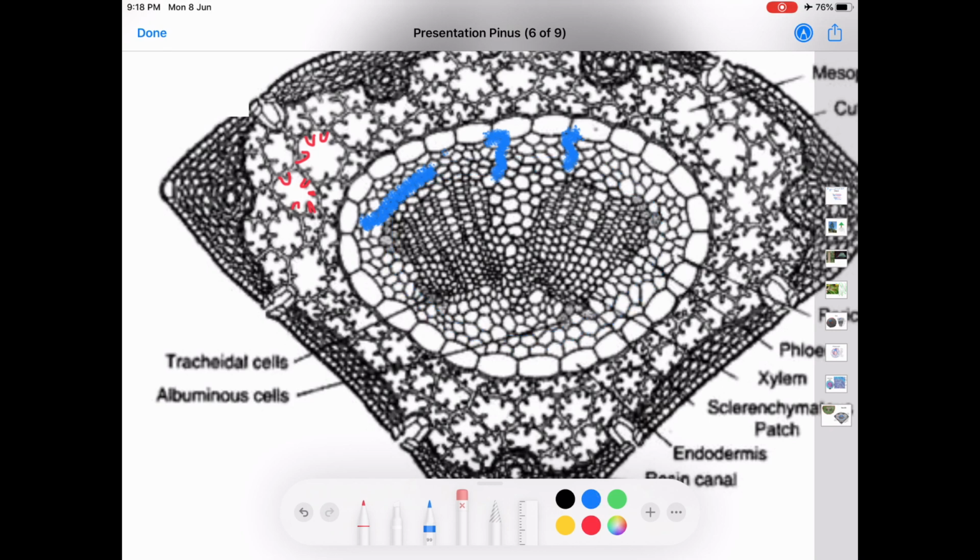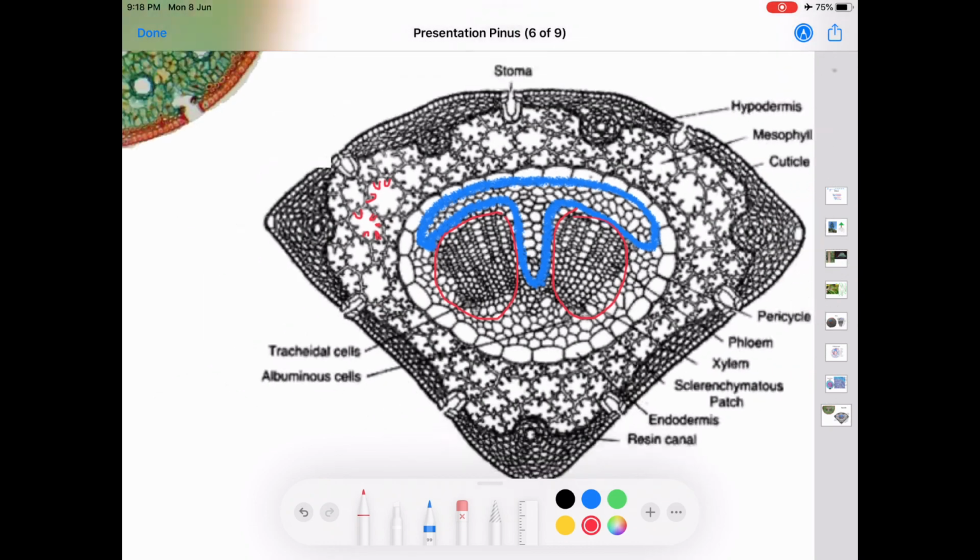This parenchymatous pericycle carries a sclerenchymatous T-shaped girdle. See, like this. This T-shaped girdle carries sclerenchyma, and this sclerenchymatous T-shaped girdle is separating the two vascular bundles. These are the two vascular bundles, and they are conjoined, collateral and open type.